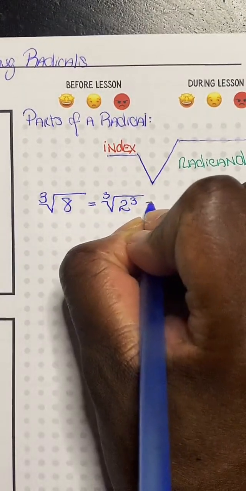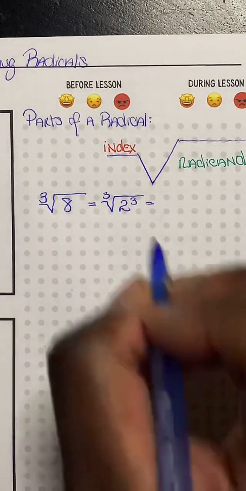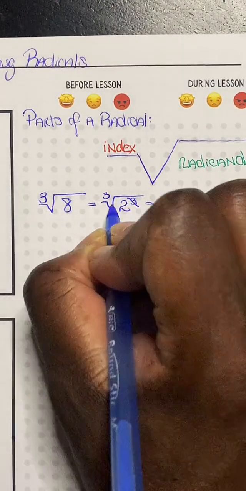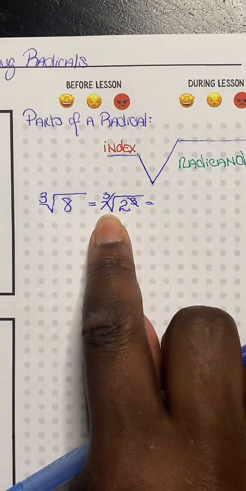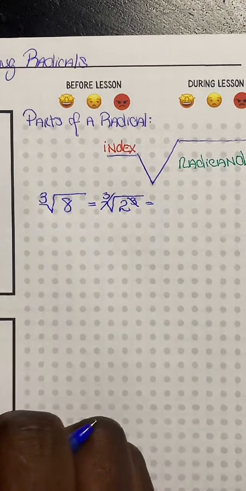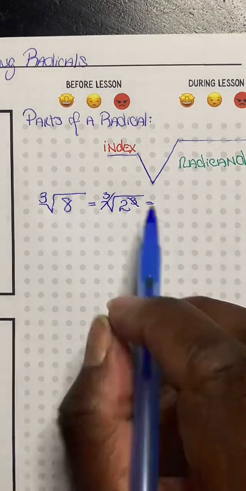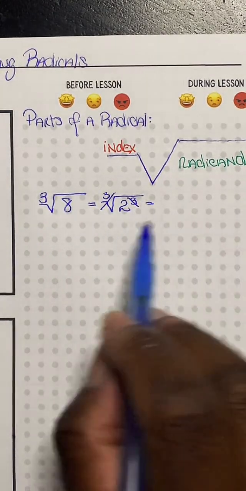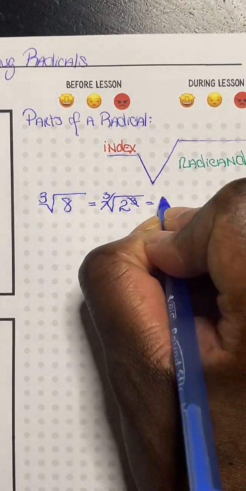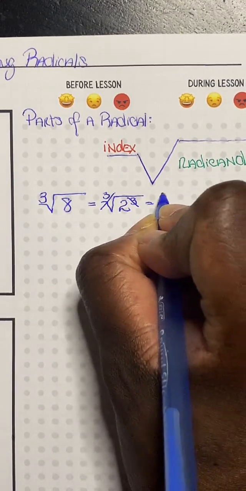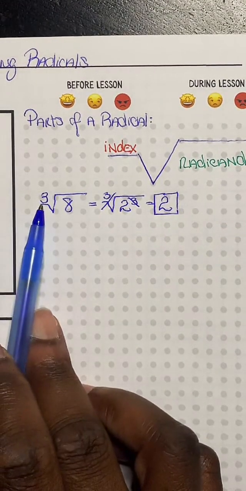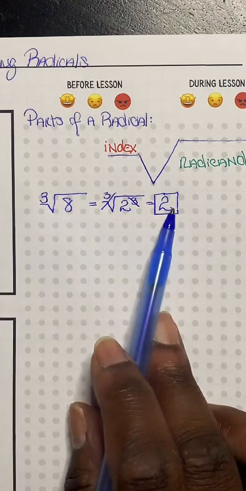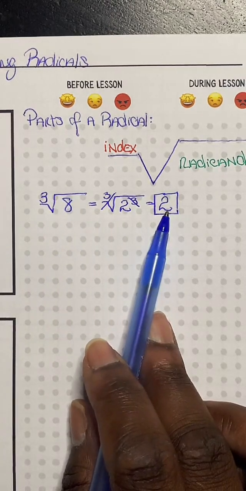From here they cancel out the 3 and the cube root, because the cube and the cube root are inverses of each other. They're opposites. So when they cancel out, what's left is our 2. So the cube root of 8 is actually 2.